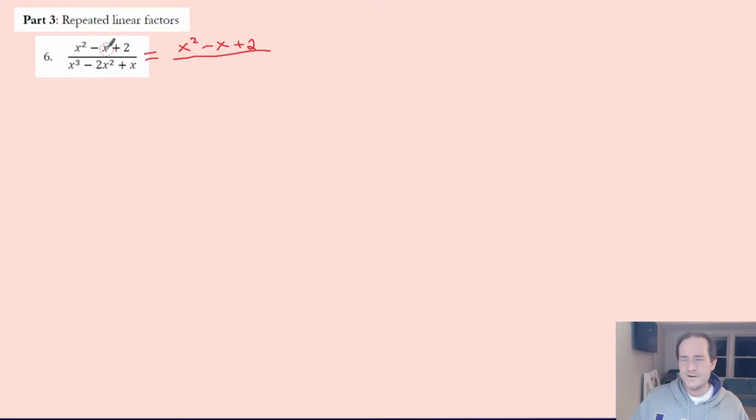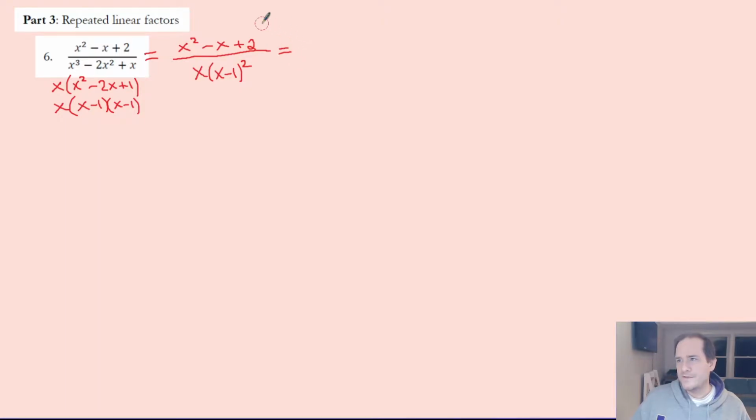In the denominator, I can factor out an x and then have x squared minus 2x plus 1. And then, lo and behold, when you factor this, you'll have an x minus 1 and another x minus 1. So there's your repeated linear factor. Now we'll write that as x times x minus 1 squared.